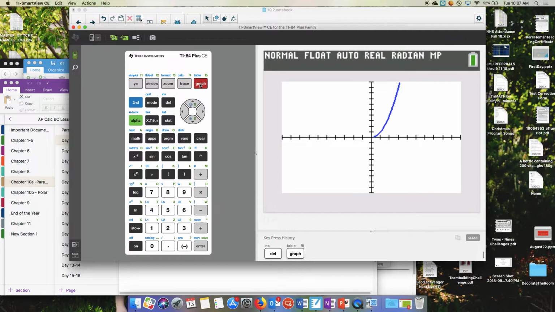I believe the 83 and the 84 would graph a little bit slower. Does yours graph as quickly as mine did? Mine graphs really fast. It was hard to tell, so you've got to pay close attention. Watch closely. But I want you to know how to do this.